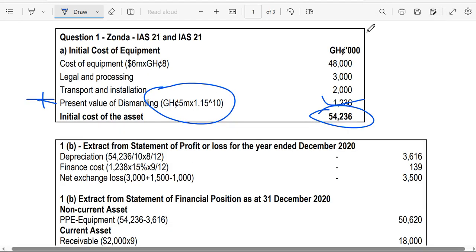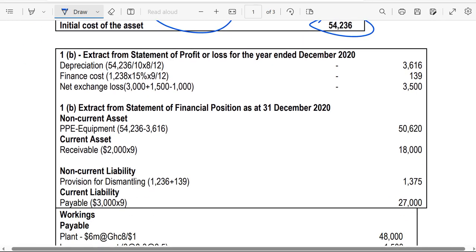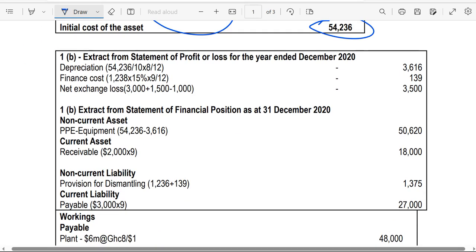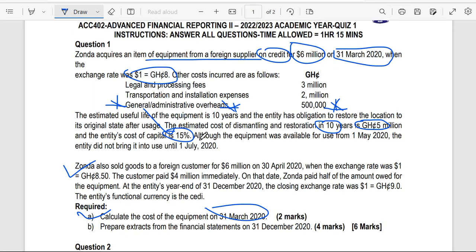So to prepare the extract, you have a depreciation. Remember the cost of your asset, and your depreciation is from the date the asset is available for use. Let's check that. Although the equipment was available for use from 1st May, the entity did not bring it into use until 1st July.